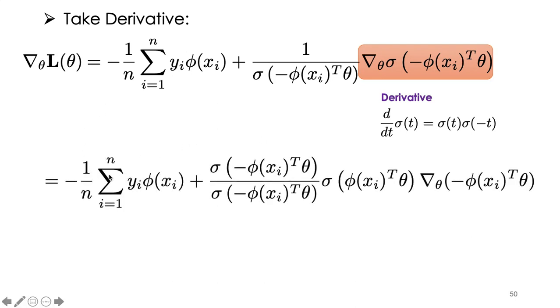Our derivative is the minus 1 over n is being carried down, the sum is being carried down, the first term is being carried down, this denominator has been carried down here, and now at the top we have the derivative of sigma at this point, which is sigma at this point, right there, times sigma at minus of this point, which is right here.